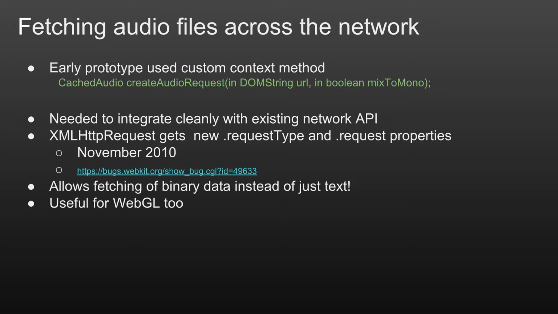But the problem is that in 2010, there was no way to get binary data using XML HTTP requests. It was a text-only API, so you could fetch any kind of text, but not binary data. If you wanted to fetch binary data, like what WAV files or MP3s are, you had to encode it in a text format, like base64 or something like that.